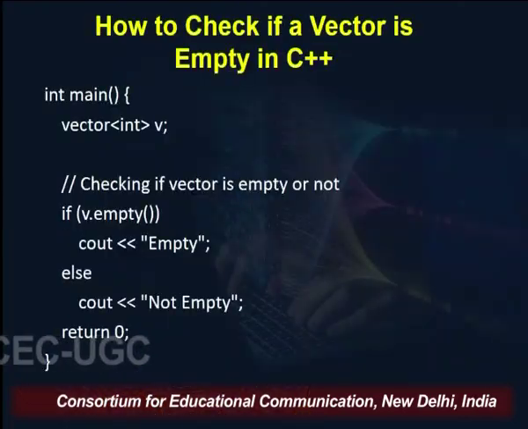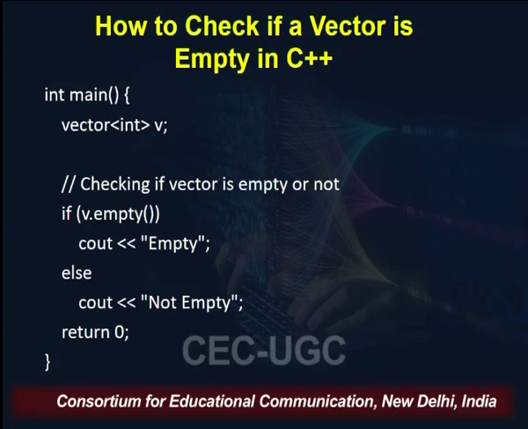Apart from these basic operations, we have a list of other operations which are very useful in some situations. One such example is how to check if a vector is empty, and here obviously we are talking about C++. In order to check whether the vector is empty or not, we have a function called empty, and this empty is going to return a bool value. So, in order to use this function, we can have a look at this code snippet.